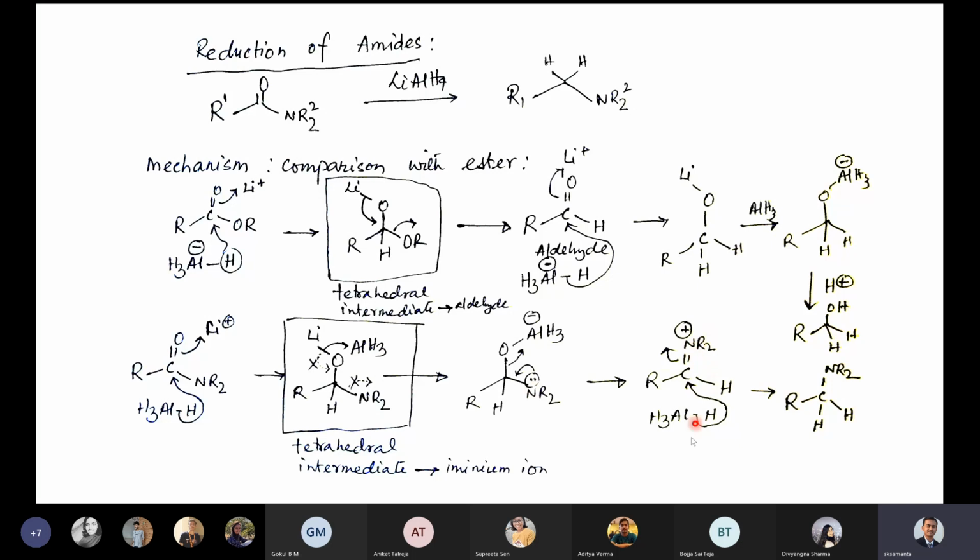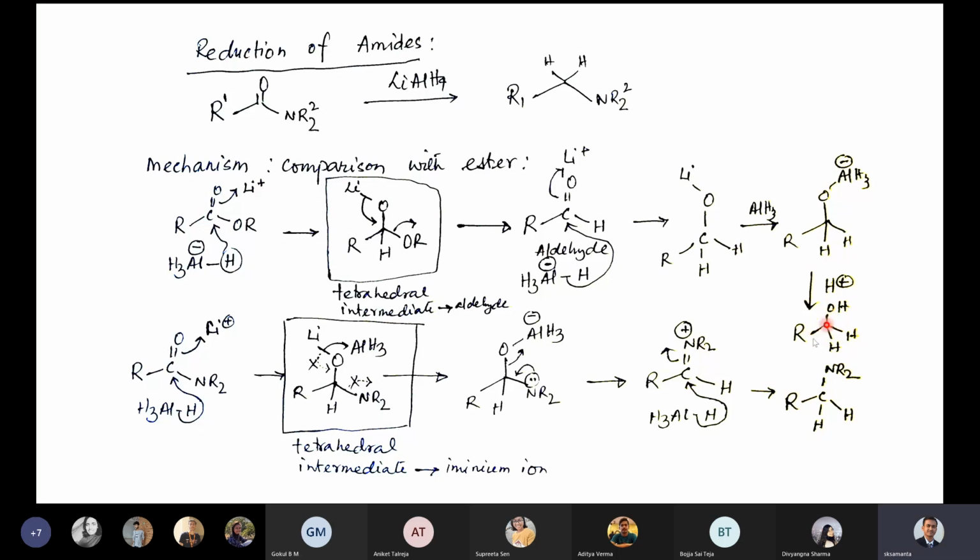Now another molecule of hydride reacts here, so that the charge becomes neutralized, so that you get RCH2NR. Okay, so this is the mode of reduction of lithium aluminum hydride for ester and for amide. In the case of ester, you get the salt of an alcohol.